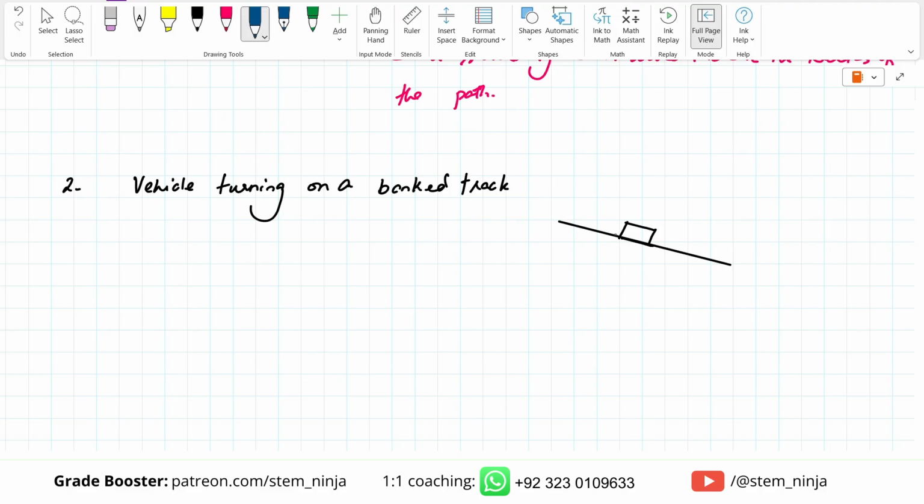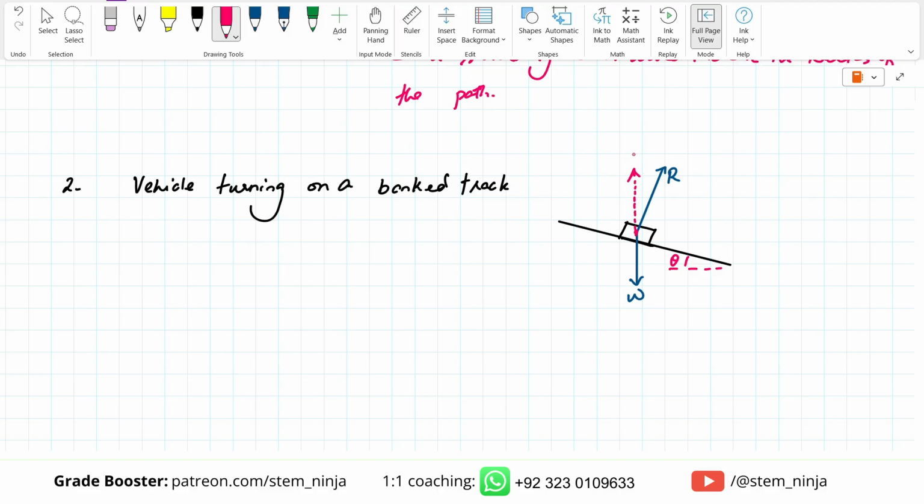We know the forces involved. This is going to be the weight. This is going to be the normal reaction force or normal contact force. This time we don't need the frictional component. So if we resolve either weight or the reaction force, so this would be our R.